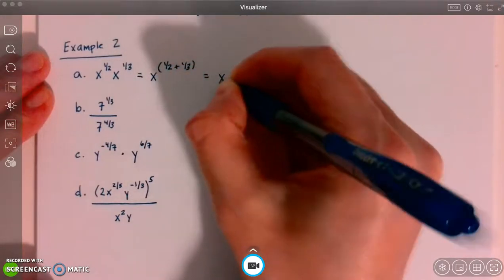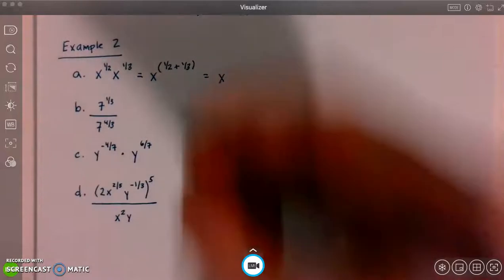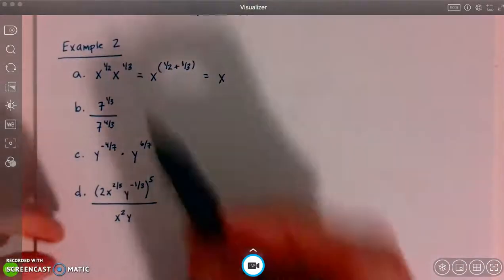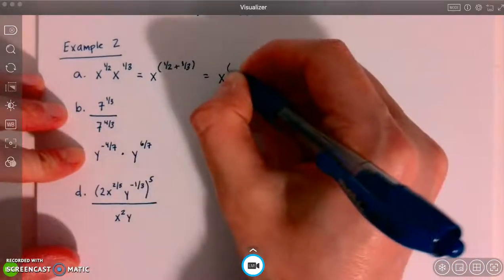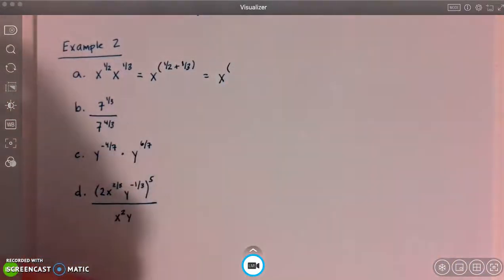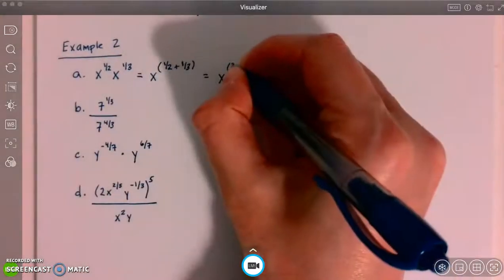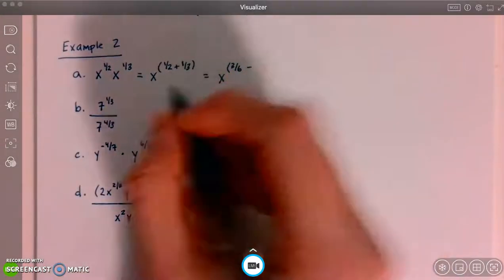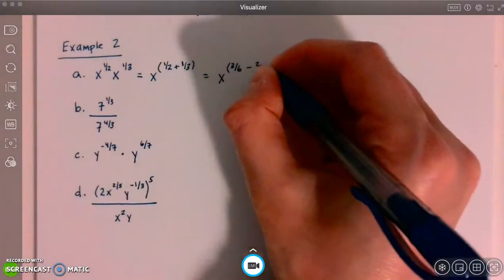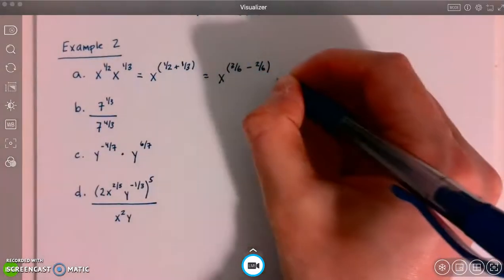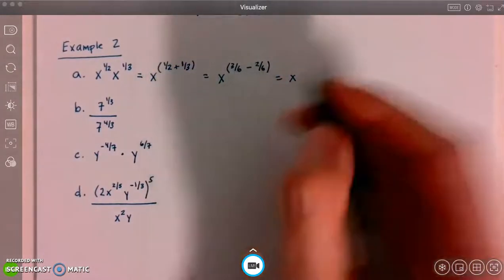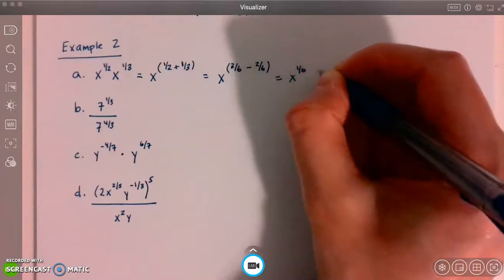When we add fractions, we need common denominators. So our common denominator here would be 6. So 1/2 becomes 3/6, and 1/3 becomes 2/6. All right, so we can do that subtraction. 3/6 minus 2/6 is 1/6.